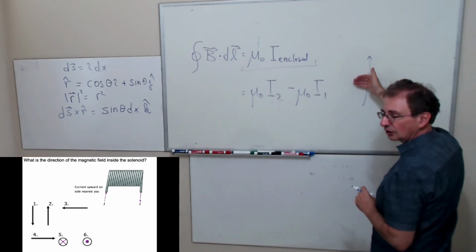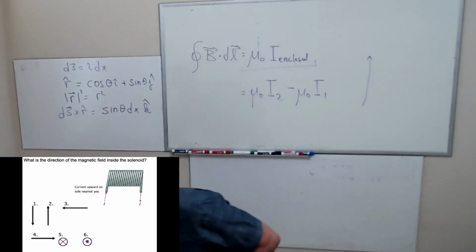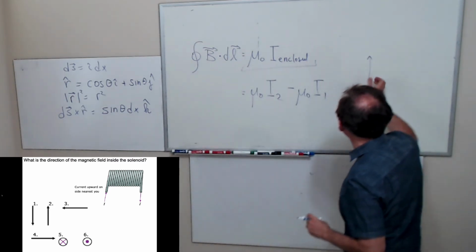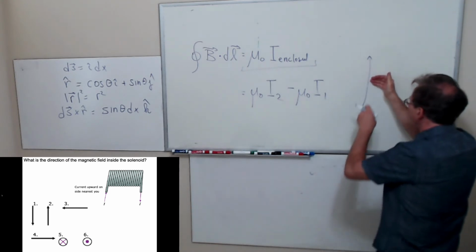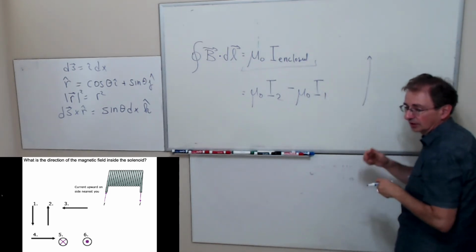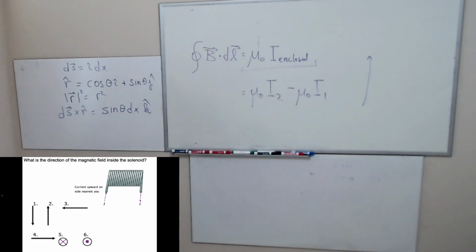My fingers curl around the magnetic field. And so when I curl my fingers inside the loop, my fingers are going to be pointed to the left inside the loop. And so the field is going to point to the left. So the answer is 3. Are we okay with that?